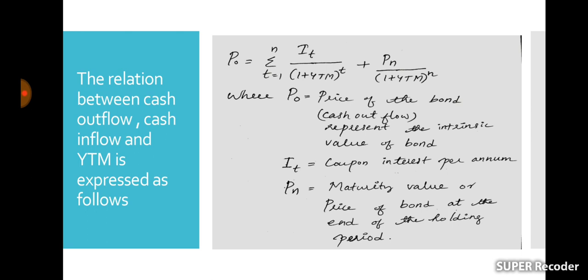That is the maturity value. The present value of all cash inflows is equal to the cash outflows, so we need to calculate the present value of cash inflows. For that, we are using a discount rate. Here that discount rate is YTM.